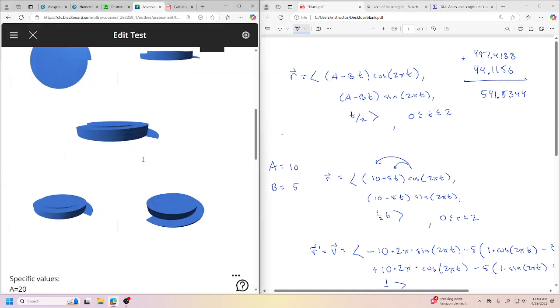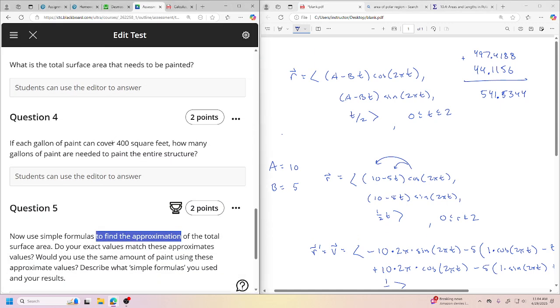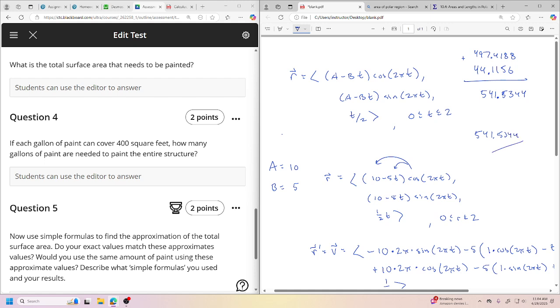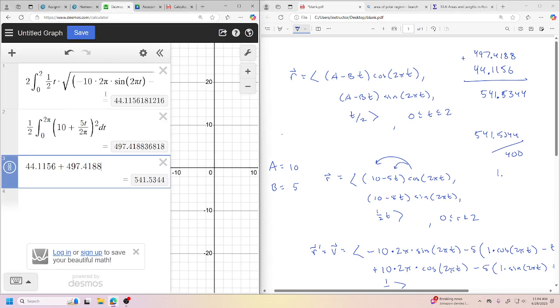If you go back to the assignment here, it says you get 400 per gallon of paint. So if you look right here, again, your numbers will be different, because I changed my number significantly. I'm taking that value and dividing it by the 400. So I get 1 point something or other. I think you all get a lot more than that.